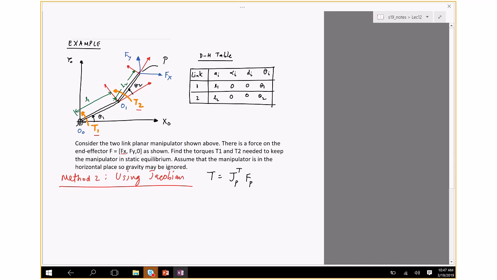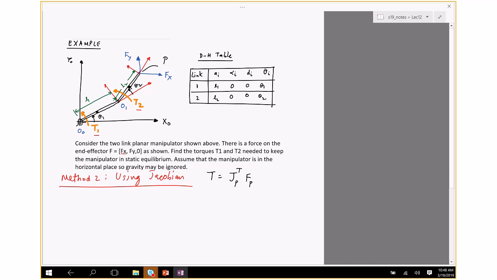So when you have gravity, gravity will show up here and here. You'll have to consider the effect of 2 points: the Jacobian of this center of mass times mg in its vector form, and then the Jacobian of that center of mass. So it will be 2 terms. In this case, just 1 term because only one force is acting at P.